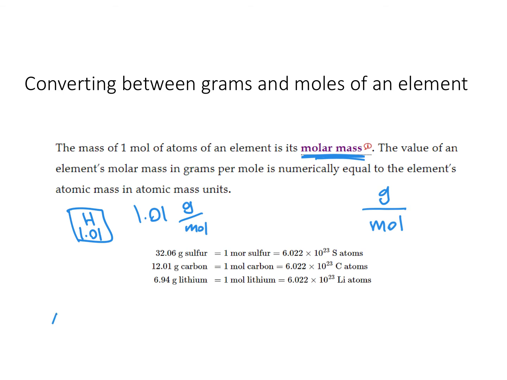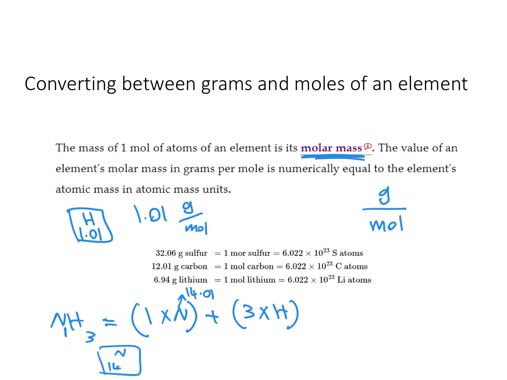Remember, for instance, if I have NH3, you say I have 1 nitrogen. If I don't write anything, it means that subscript is 1, right? 1 nitrogen plus 3 hydrogen. And then I read this number, 14.01 in the periodic table.